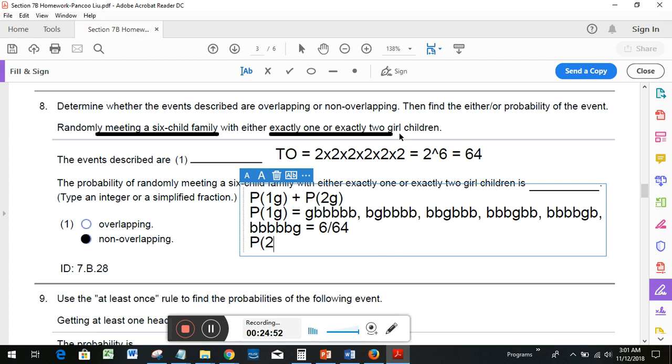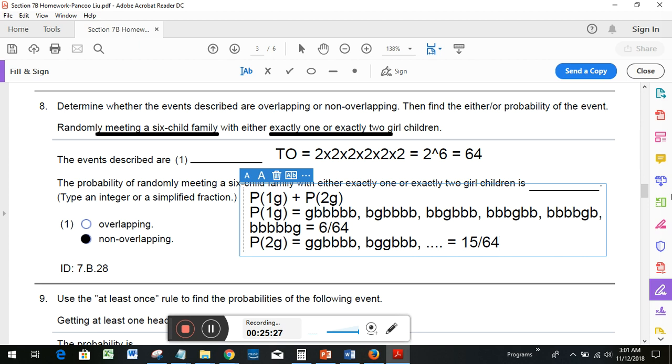Now, the 2 girl event is a lot more complicated. So here, let's say your first two children are girls and the rest are boys. So let's say then your first child is a boy and the second and third children are girls and the rest are boys, and so on and so on, totaling up to actually 15 out of 64.